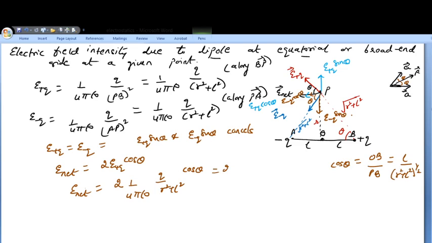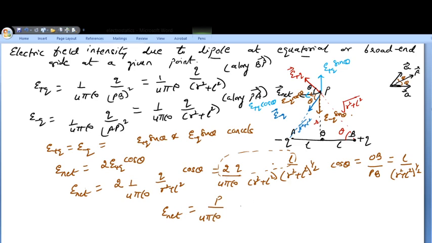This is going to be 2Q upon 4 pi epsilon naught R square plus L square, and cos theta is L upon R square plus L square raised to half. But 2QL is P, no? You can see this 2QL is equal to P. So I will have E net equal to P upon 4 pi epsilon naught, and this can be written as 1 upon R square plus L square.